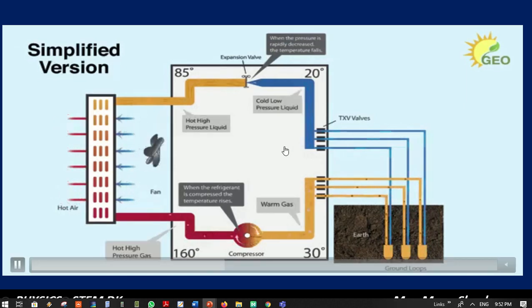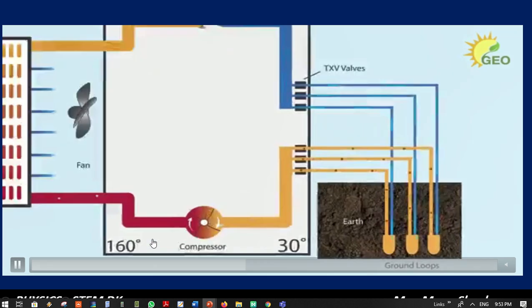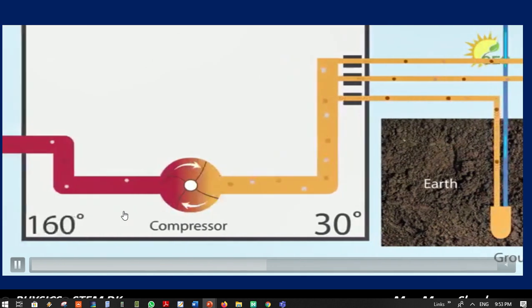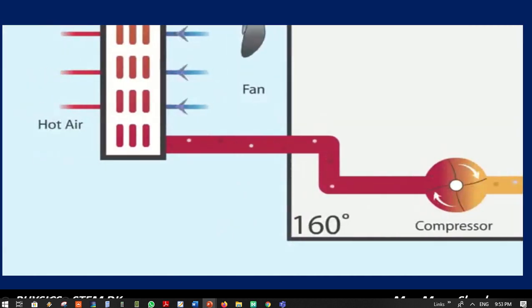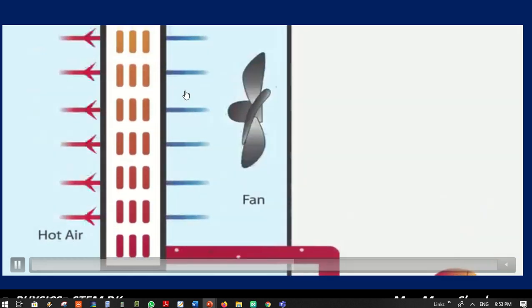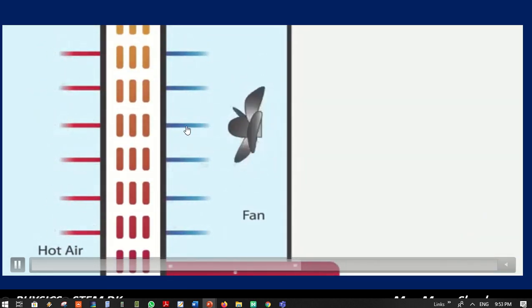The fluid evaporated, and then the compressor raises the temperature of the gas, and here it comes as steam. And this is the role of the compressor. It increases its temperature from 30 to 160 degrees.